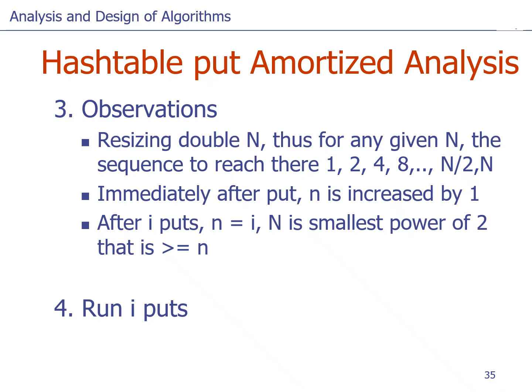In fact, the relation between them is that the small n has to be relatively close to the big N, but the big N is advancing beyond it, because between the 8 and 16 there's a number of values that the small n needs to take, which is 9, 10, 11, 12, and so on. So the big N is the smallest power of 2 possible that is greater than or equal to n.